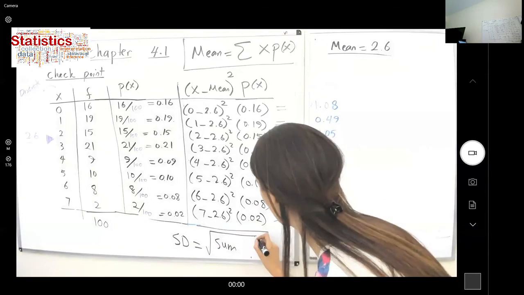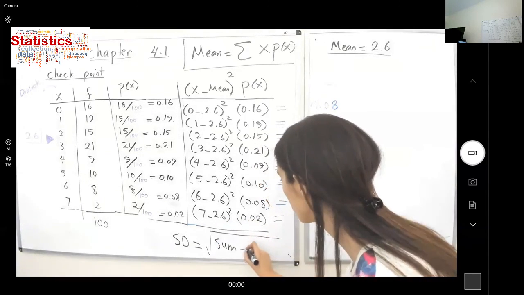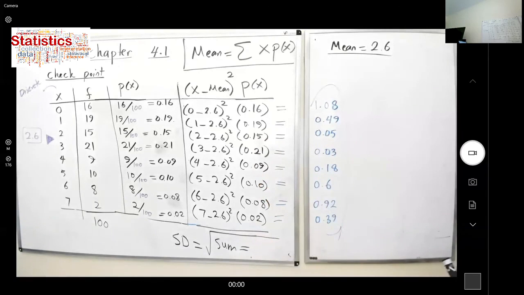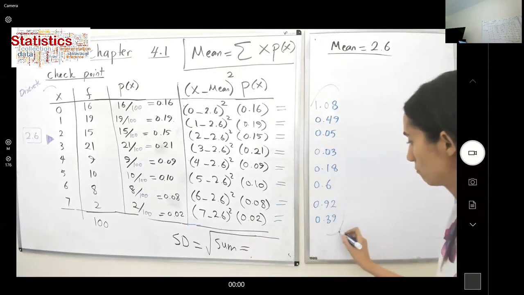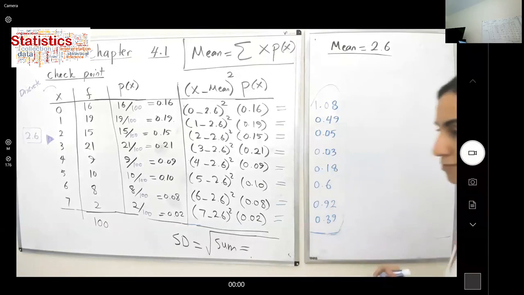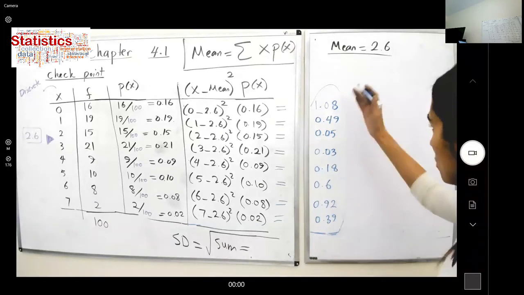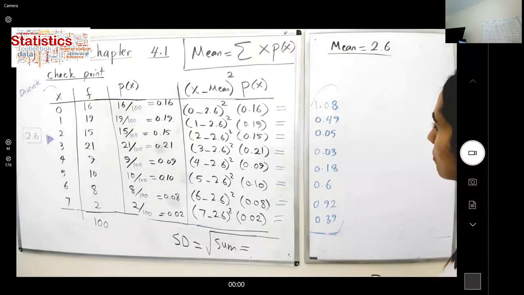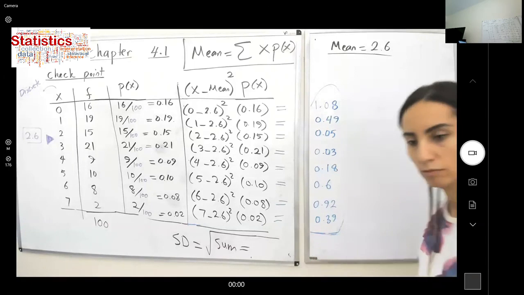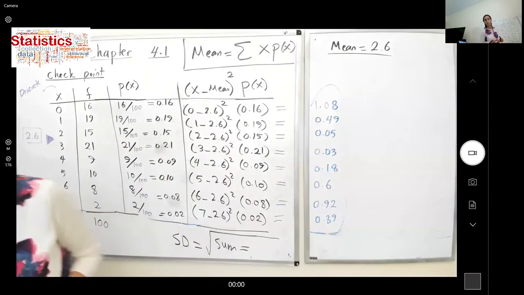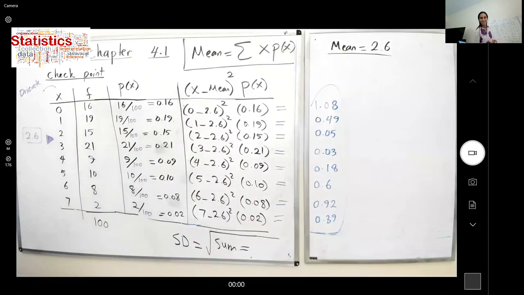So please find the sum first for me. If you add all of these together, the sum is equal to 3.74.